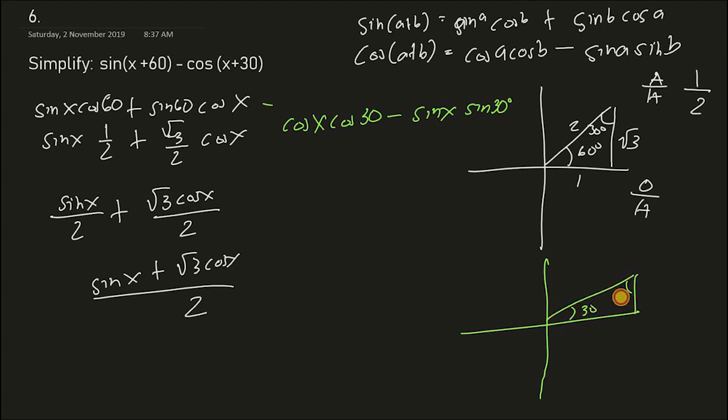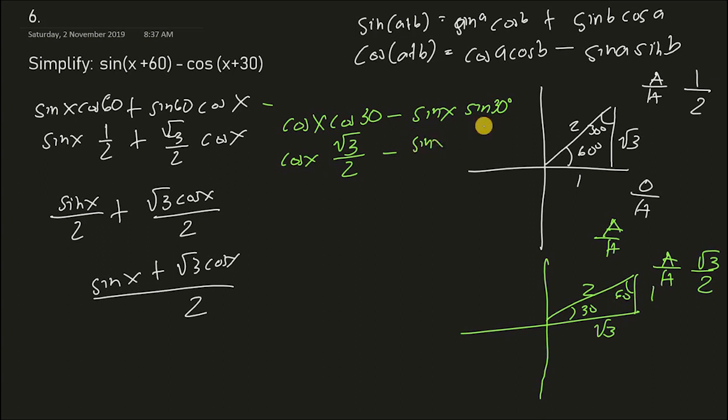This is 60. So ito, 1, that's the square root of 3, that's 2. Alright, so cosine x is simply cosine of x. Cosine of 30 is adjacent over hypotenuse. Okay, so adjacent to 30 is square root of 3 and hypotenuse is 2. So this is square root of 3 over 2 minus sine x.